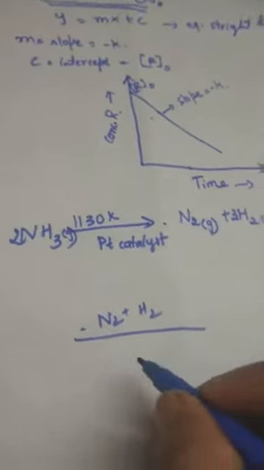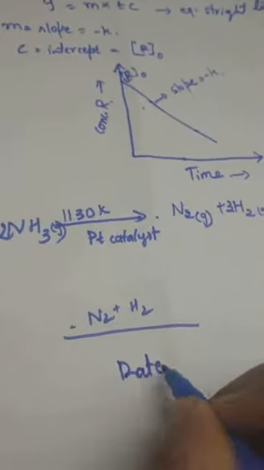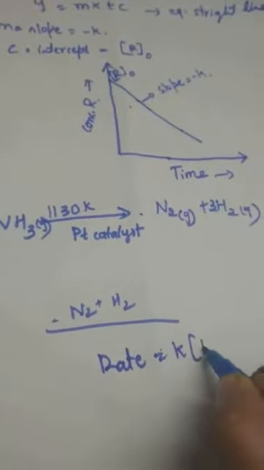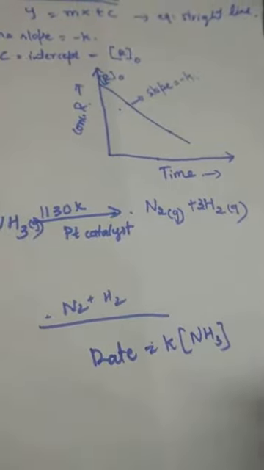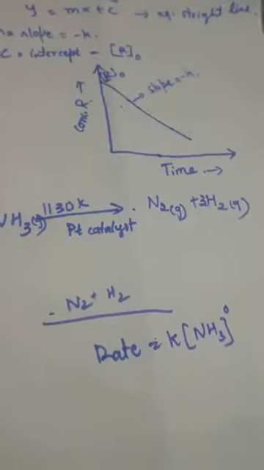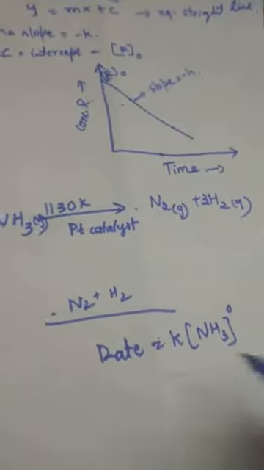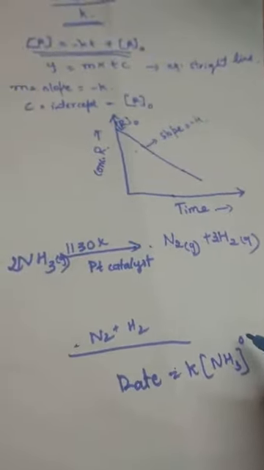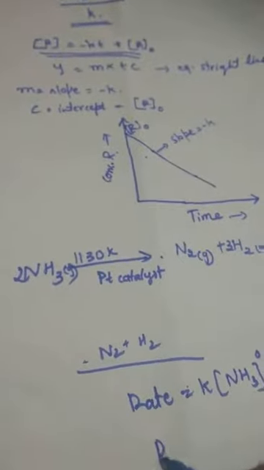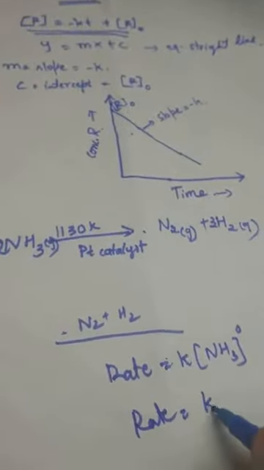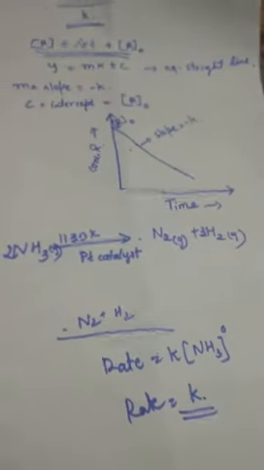So here we can write rate equal to K into the molar concentration of ammonia to the power 0, which means zero order reaction. As anything to the power 0 is 1, we can write rate equal to K, where K is the rate constant.